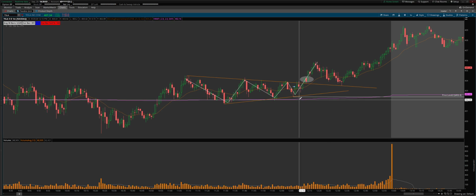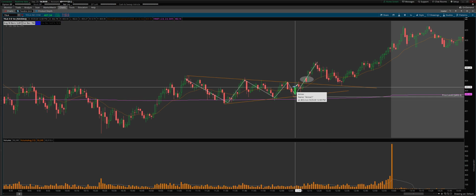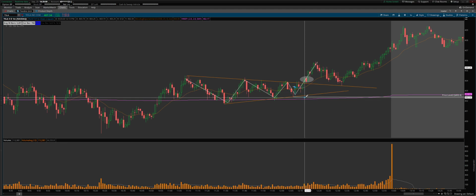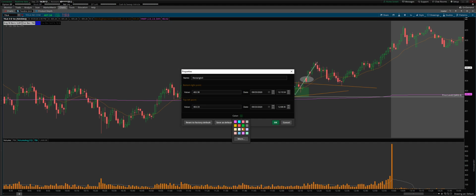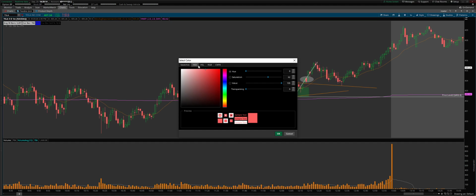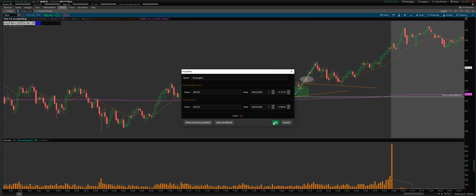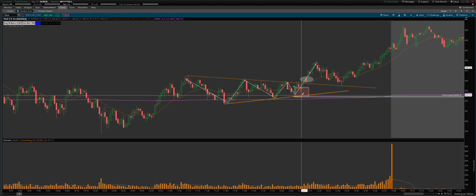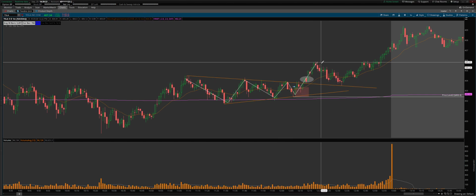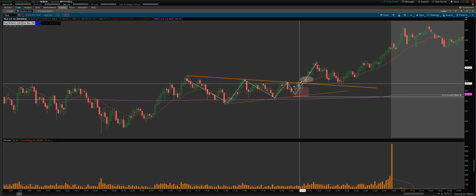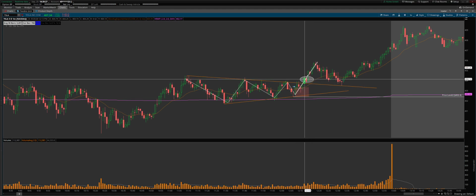Now with my stop here, my risk to reward is from here down to here, right? If I were to make this red, this would be my stop loss area. This is my stop loss area. And now if I'm looking for the breakout, I'm probably looking for Tesla to double this move, the size of this move.